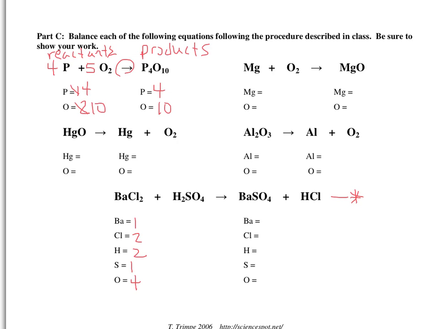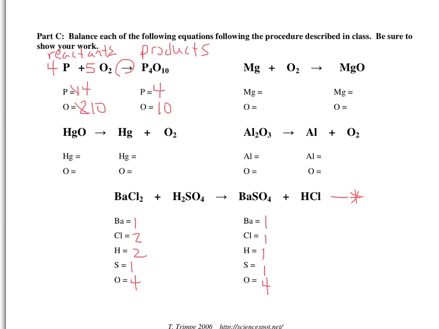On this side I have 1 barium, 1 chlorine, 1 hydrogen, 1 sulfur, and 4 oxygens. Okay, so I need to balance my chlorines and my hydrogens. It looks like everything else is balanced.